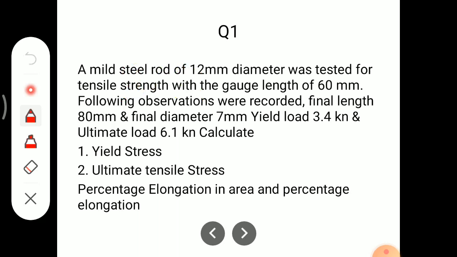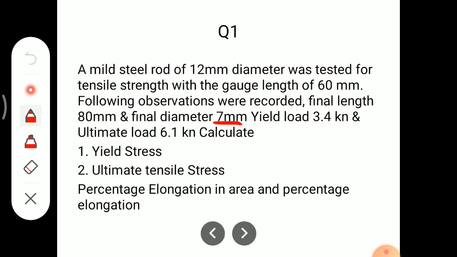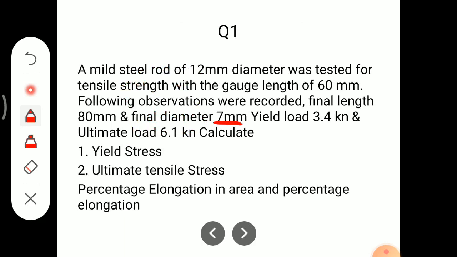After the testing we have the observations: final length 80 mm, and final diameter 7 mm.